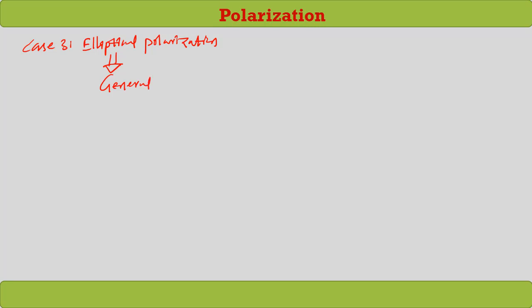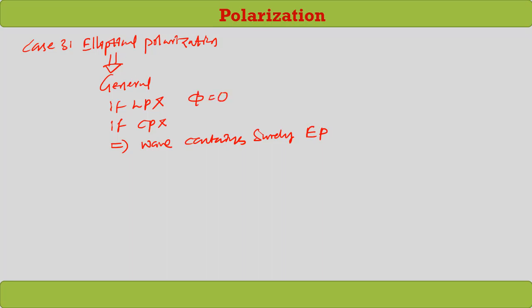That means if linear polarization is not available or circular polarization is not available, then the wave contains surely elliptical polarization. If phi is equal to 0, that is linear. If phi is equal to 180, that is linear.